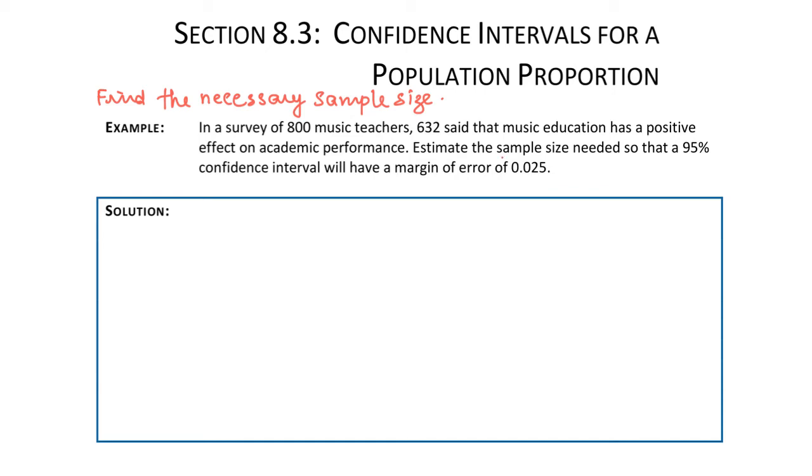So I am going to start with the formula for sample size. Sample size n equals p cap times 1 minus p cap times z alpha over 2 divided by m, square. First calculate p cap. p cap is 632 divided by 800, which is 0.79.